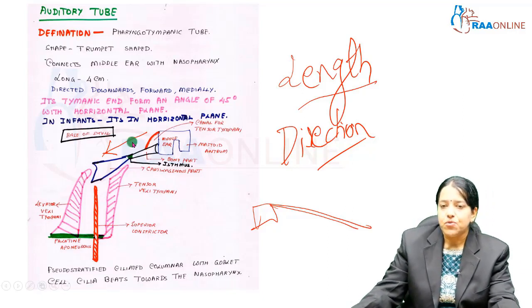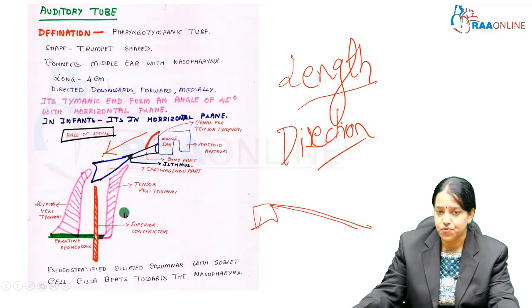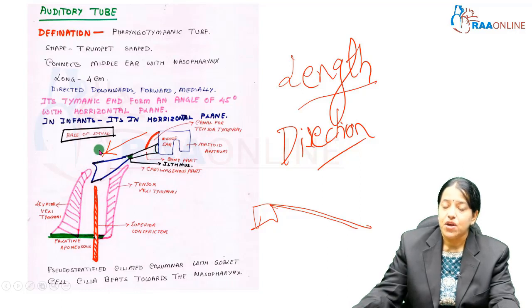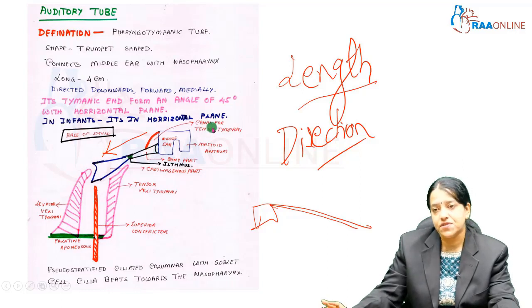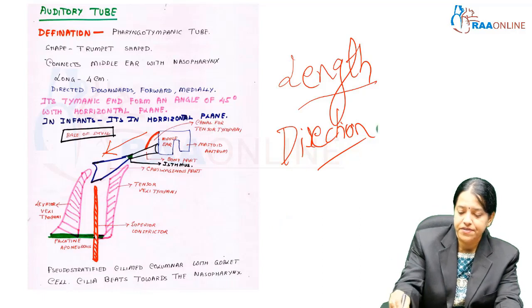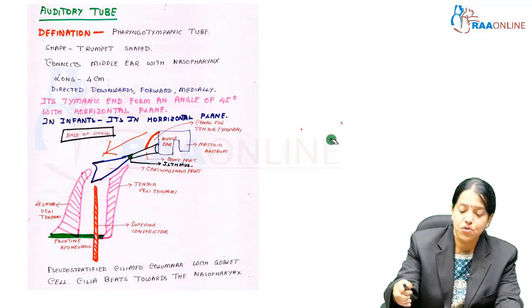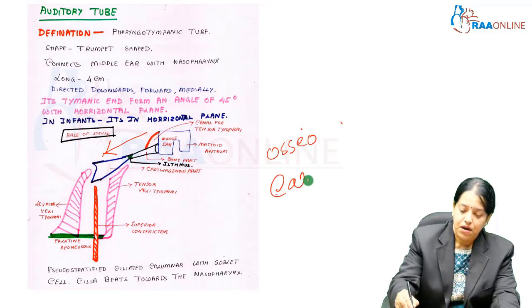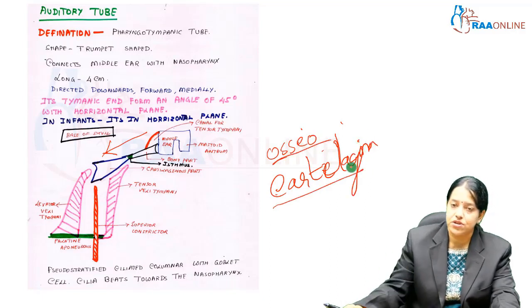Now in this diagram, you can see the middle ear cavity, and this is the bony part. We have told you that there are two parts of the tube: the bony part and the cartilaginous part. So it is an osseo-cartilaginous tube, meaning it has a bony component and a cartilaginous component.